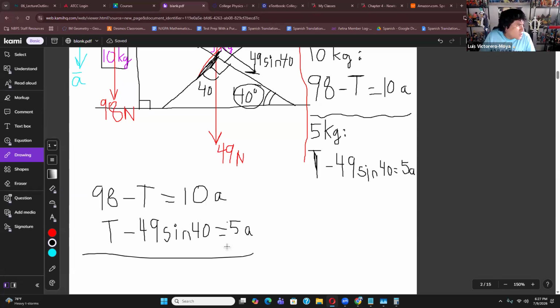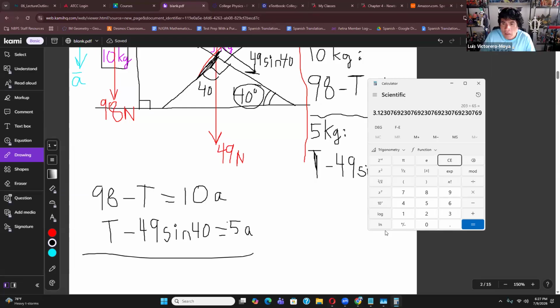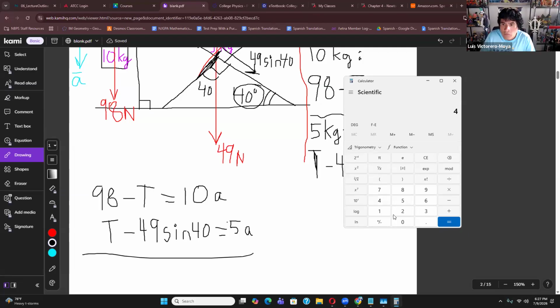That's for acceleration or for tension? The 4.43. For acceleration, yeah, I think that's right. Let's do this. 40 sine times 49, 31.5.